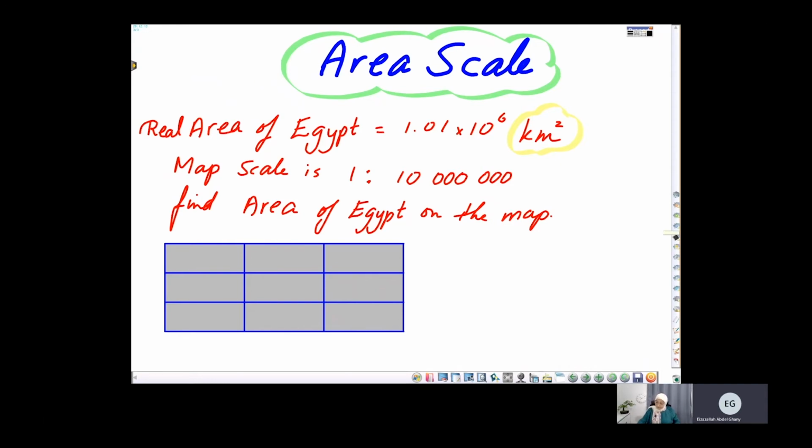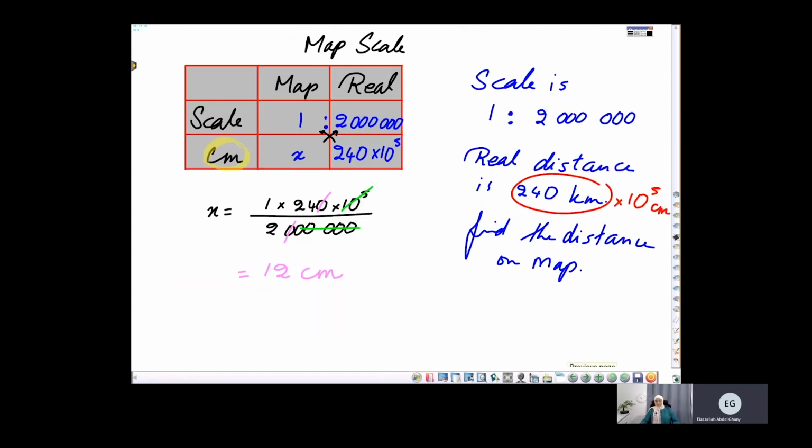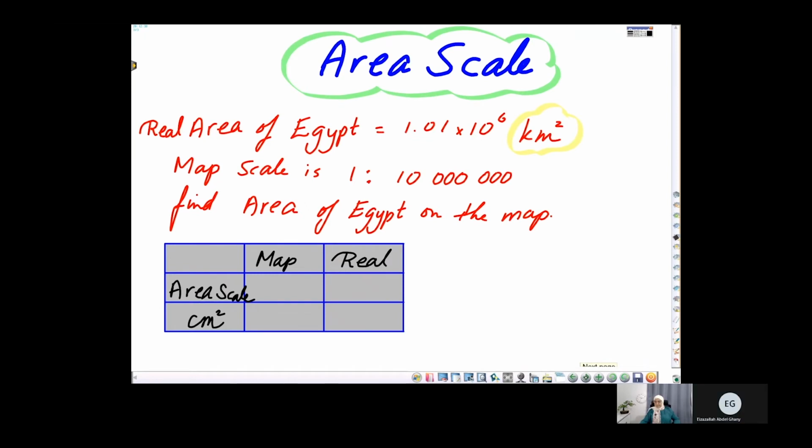Now let's do it. Map, real, area. There is a change. We changed the song: area scale centimeter square. As we did before, map real scale centimeter, this time it's not centimeter, it is centimeter square.